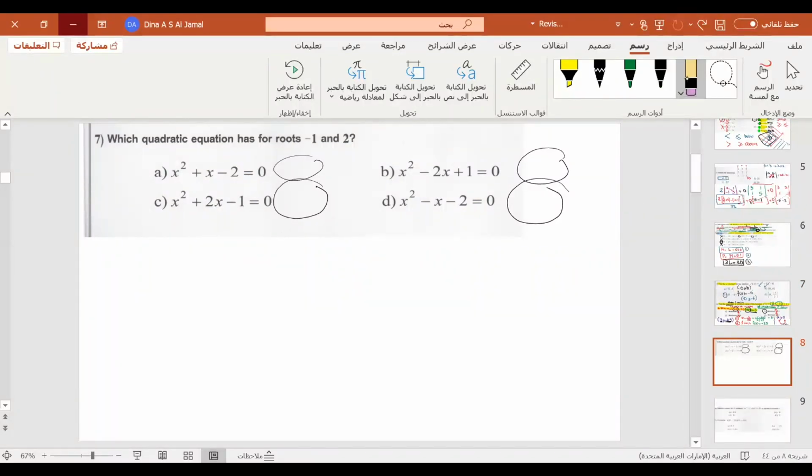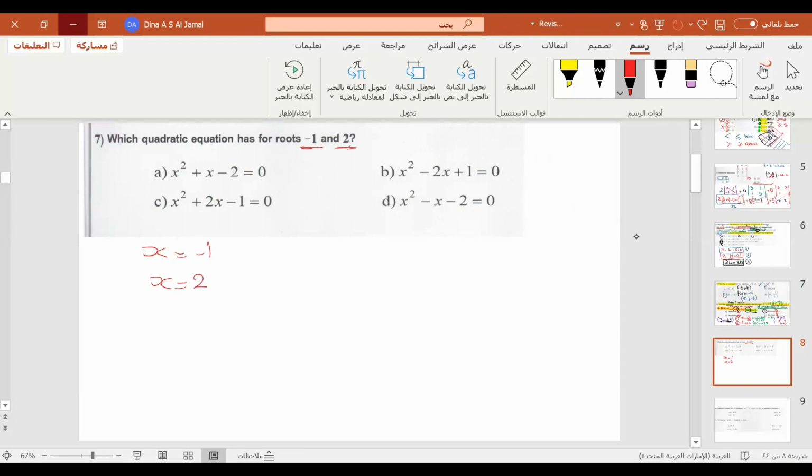This is your first option. The second option is that be professional and solve it directly. So you can do both of them. Whether you find the answers by the calculator, then choose the answer, or you can solve it and know directly which one it is. So whenever he's giving you the roots, x is equal to minus 1, x is equal to 2.